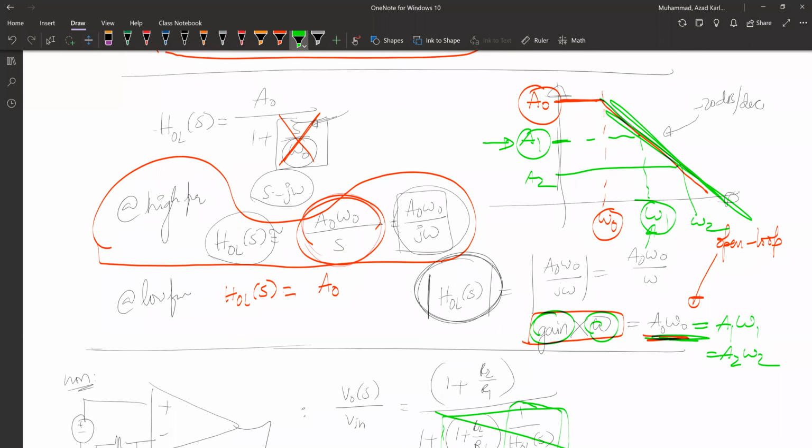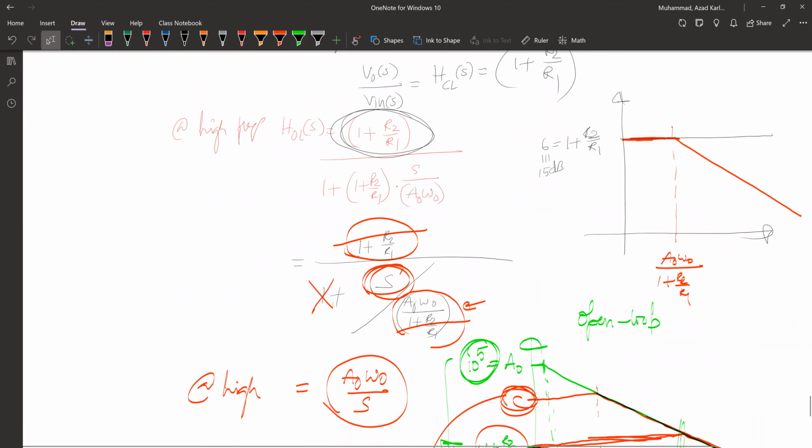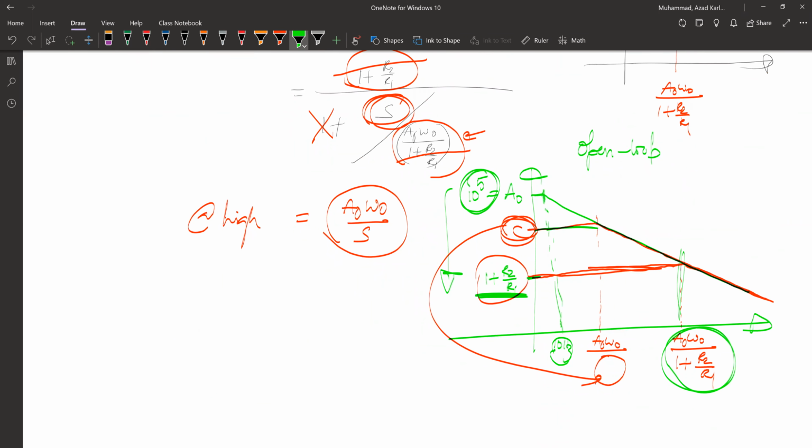And now if we come to the non-inverting configuration, we observe that once it hits this point, right, it follows the same behavior as an ideal op amp. So in this region, if you want to operate with a different gain, say G2, and say its corresponding frequency is omega 2, right?